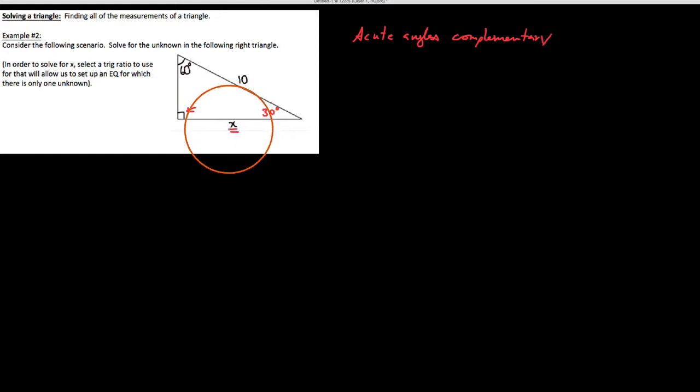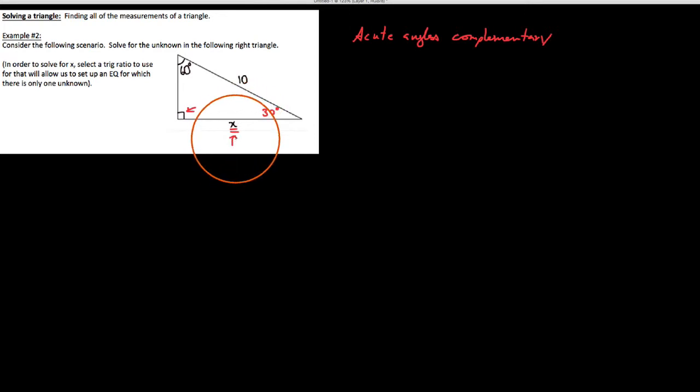So let us look at this, and we say, okay, what we need to do here is choose a trig function, sine, cosine, or tangent, that is going to allow us to compare one of these 2 angles, and I'm going to go with the 60 for now, to 2 of the side lengths on the triangle. So we want to set up a situation where we know 2 of these measurements and the third one we don't know.